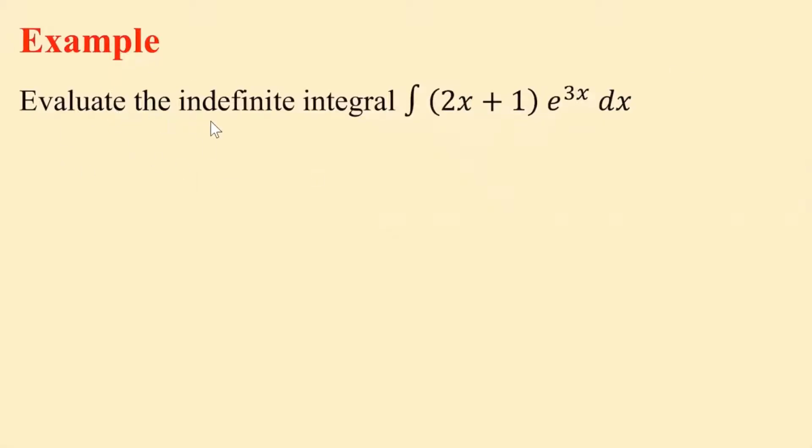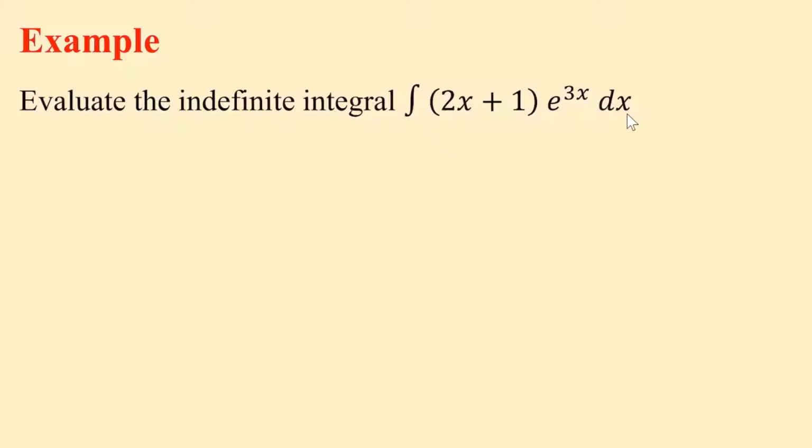Example: evaluate the indefinite integral of 2x plus 1 times e raised to 3x with respect to x. When you look at this integral, it is the integral of the product of the polynomial function 2x plus 1 and the exponential function e to the 3x.